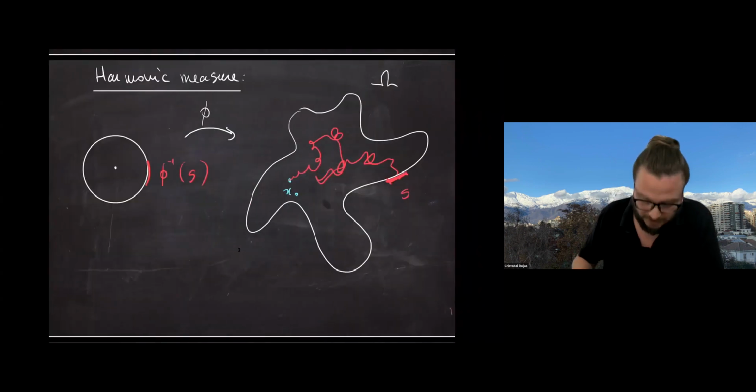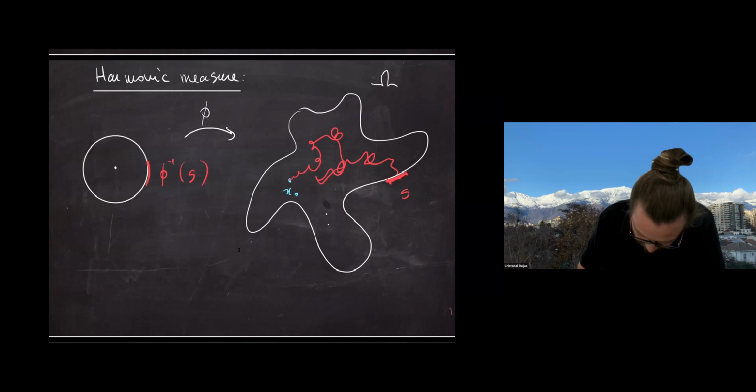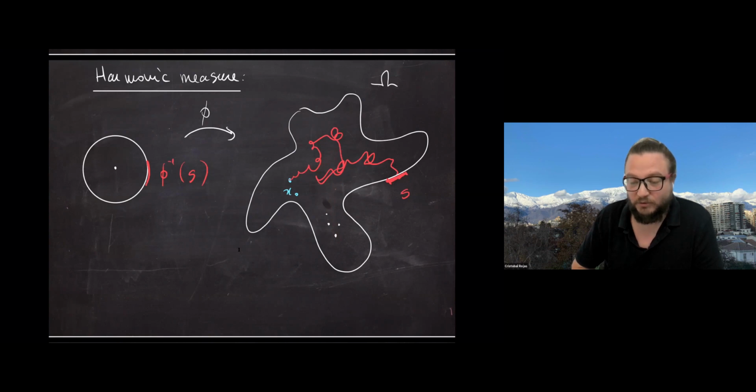So it is easy to see that if I modify our domain omega by removing points of the set, for example one point, a few points, then, okay, this is not simply connected anymore, but what I want to point out is that by removing a few points, since the Brownian motion doesn't see those points, removing them from the set, so adding them to the boundary, does not change the harmonic measure.